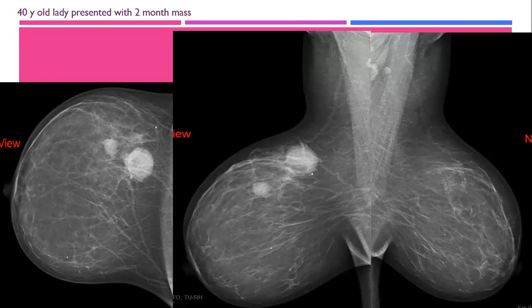So the MLO confirms the presence of the two high density masses. The largest one has a well-defined, circumscribed, partially obscured border, with no associated skin thickening or calcification.